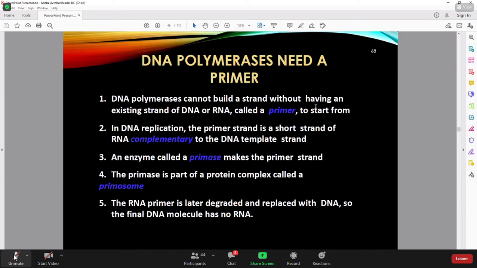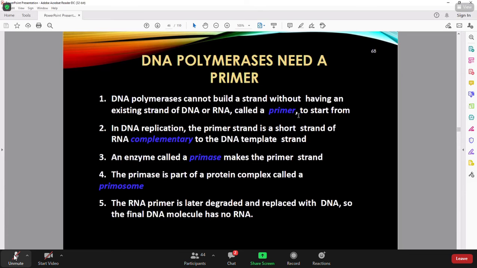In DNA replication, the primer is a short strand of RNA complementary to the template strand. If we need to synthesize our own primer, we can design it from as short as 6 nucleotides up to 30 nucleotides, depending. Normally in my case, I design primers 15 to 25 nucleotides long.